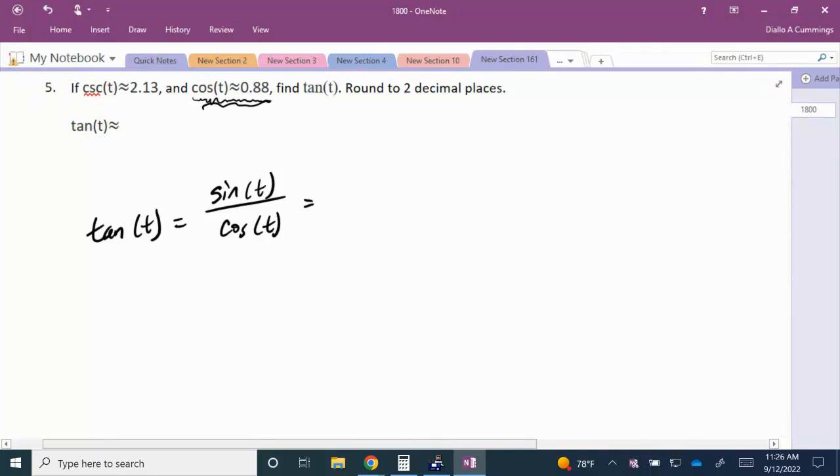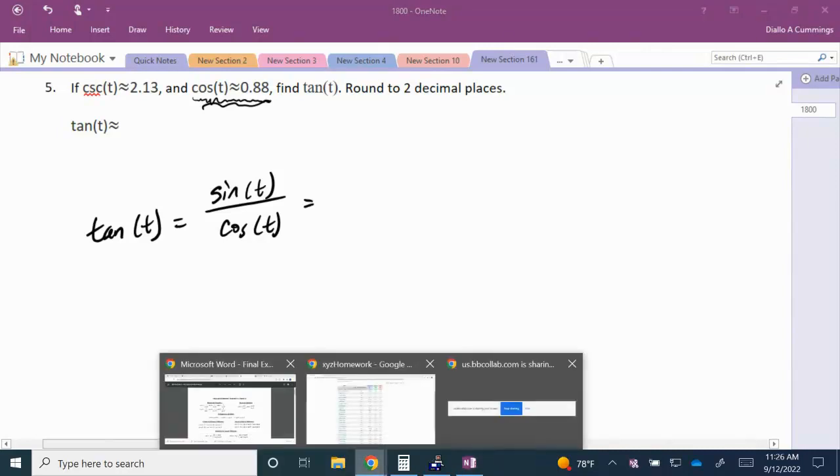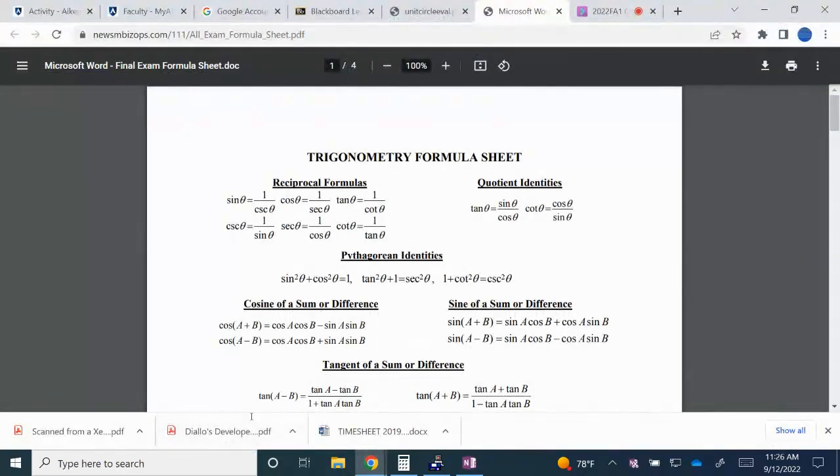So now I'm going to go back to the formula sheet, and I'm going to find out if there's a relationship between cosecant and sine. So remember from our formulas, the sine and the cosecant are reciprocals. All right, so taking a look at this, we have the cosecant is 1 over the sine of theta. If we take a look at this first formula, the sine is what we want. That's actually equal to 1 divided by the cosecant of theta.